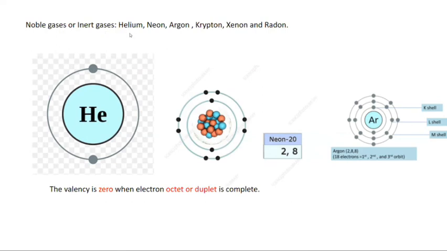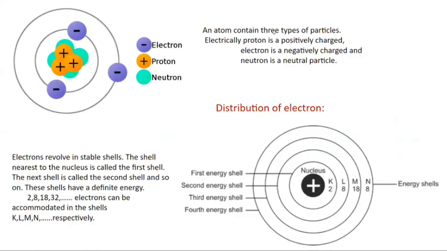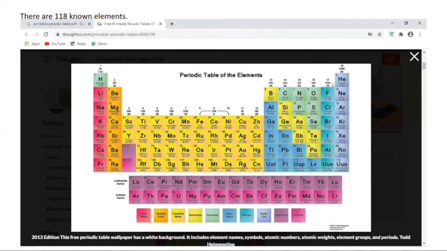So which are the examples of noble gases? Here helium, neon, argon, and others are krypton, xenon and radon. So you can see the places of these noble gases here: helium, neon, argon, krypton, xenon and radon. And here, this hydrogen, sodium.